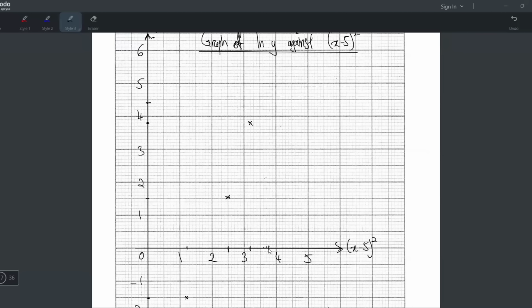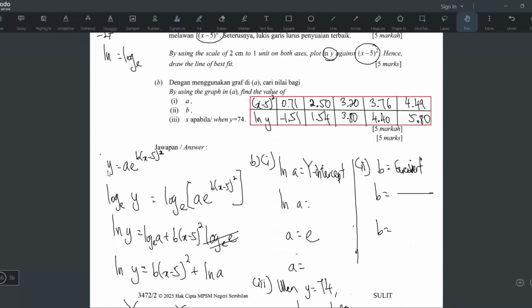So it'll be 3.76 going up to 4.4. So 3.9, 3.8, 3.7, so here. Let's check. 3.5, 3.6, 3.76, 4.4. Yeah, that's correct. Okay, next one. Last one already. Yeah, let's go.